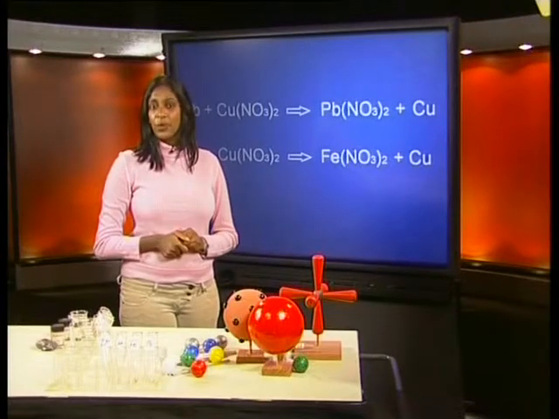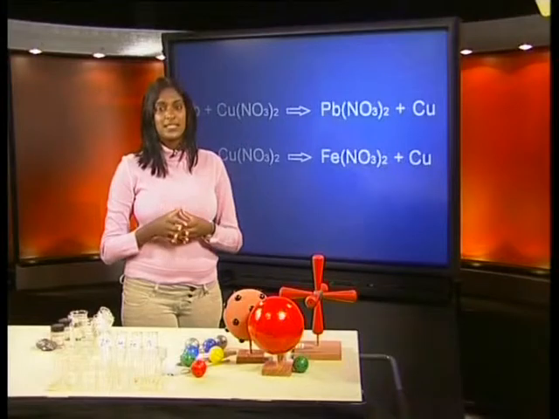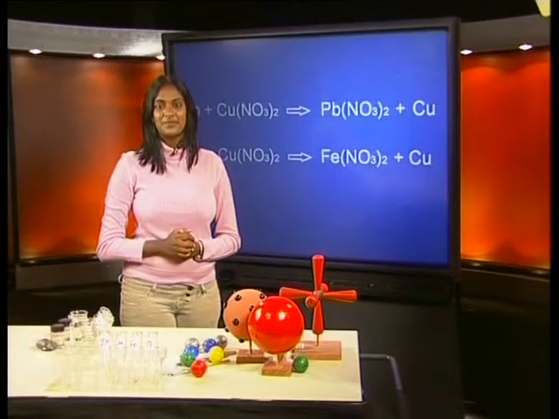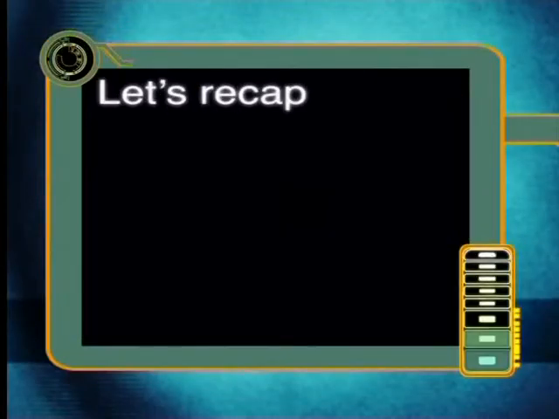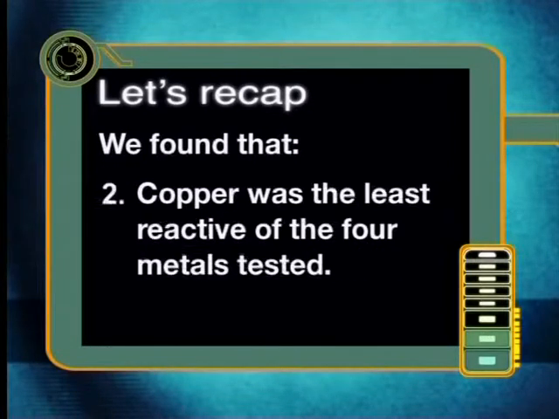Do you remember what we discovered about the reactivity of the metals that we tested in our previous lesson? Let's refresh our memories. We found that copper was displaced from its solution by zinc, iron, and lead. Copper was the least reactive of the 4 metals tested.